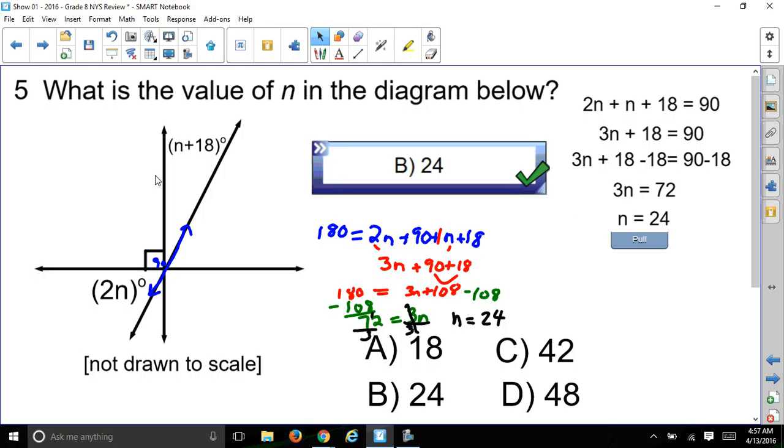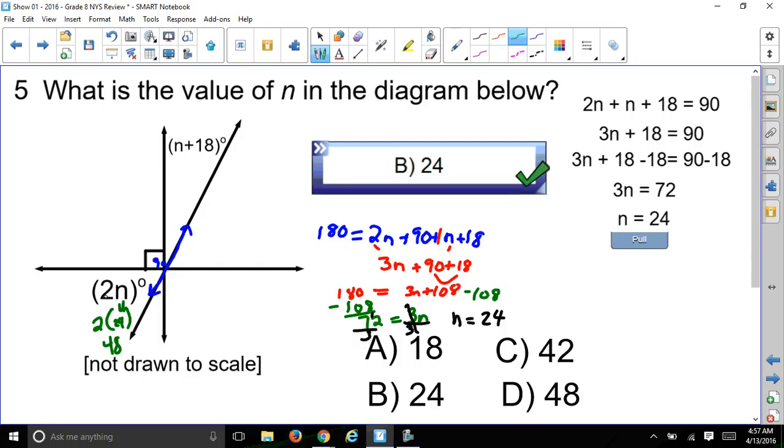So we have our answers here, and I even want to take a second to see, is that really correct? Does that really add up to 180 degrees? So we said n was equal to 24, so 2 times 24 equals 48.